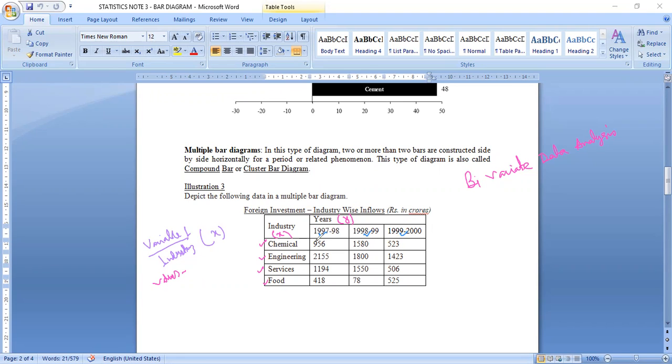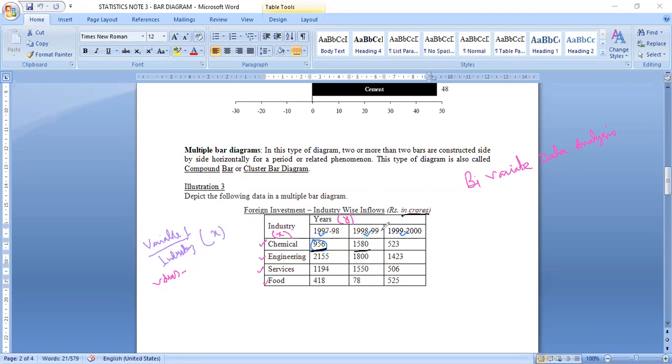So they are the list of data, and these values are in crores. 956 in crores. Similarly, 1580, that is also in crores.